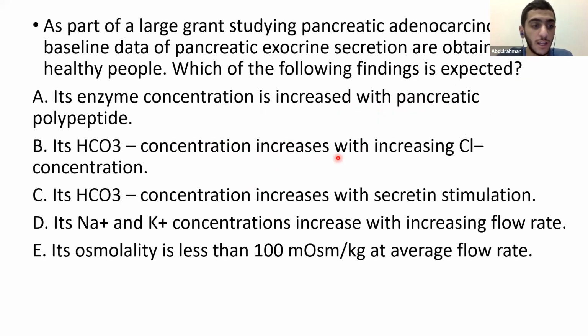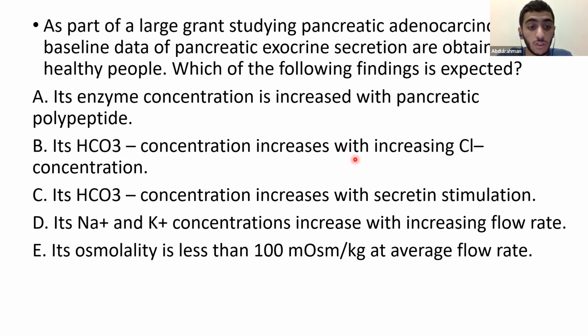Okay, this is the last question. As part of a large grant studying pancreatic adenocarcinoma, baseline data of the pancreatic exocrine secretions are obtained from healthy people. Which of the following findings is expected? A, its enzyme concentration is increased with pancreatic polypeptide. B, its bicarbonate concentration increases with increasing chloride.